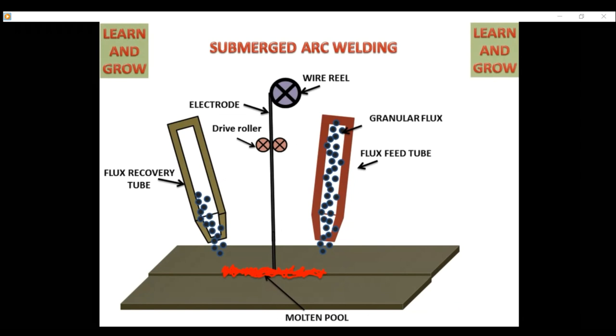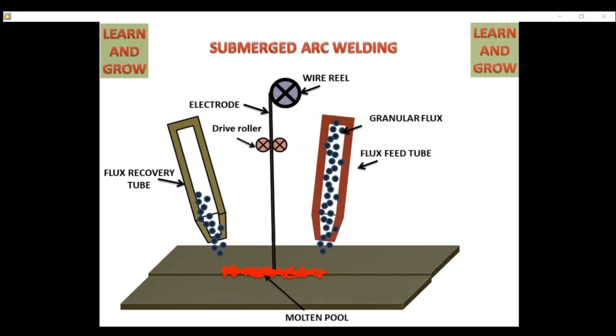But if I said gas metal, it is a consumable electrode. Then there is a continuous feed of the wire from the spool, and we pump gas here to shield, and the gas is argon, helium, and CO2 for different materials and so on. This is the kind of improvement on submerged arc welding.